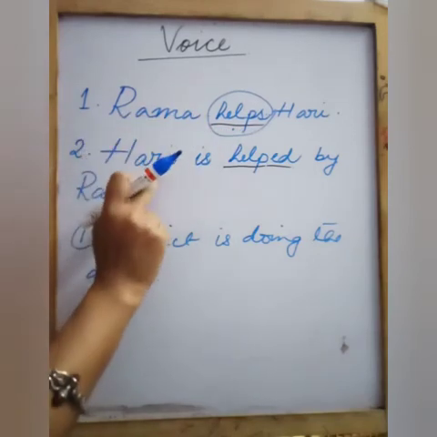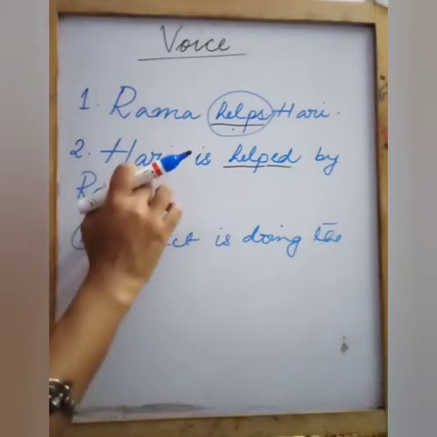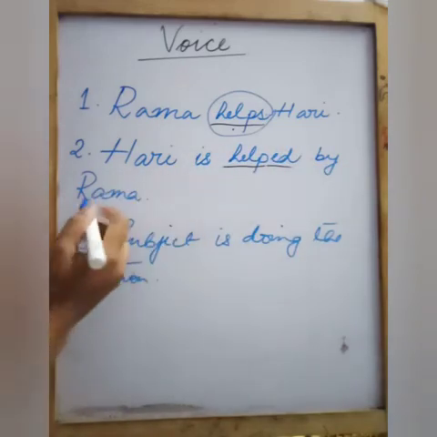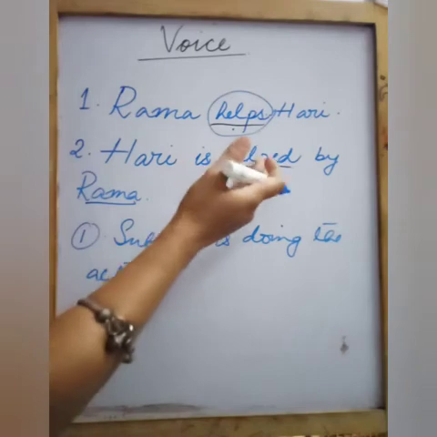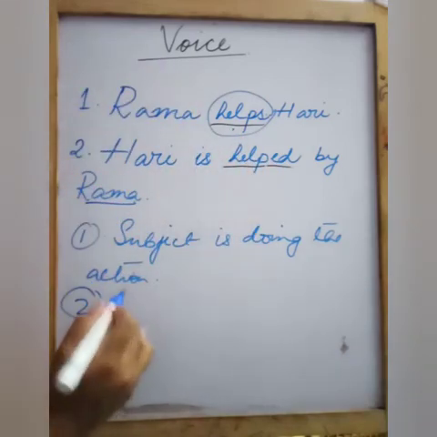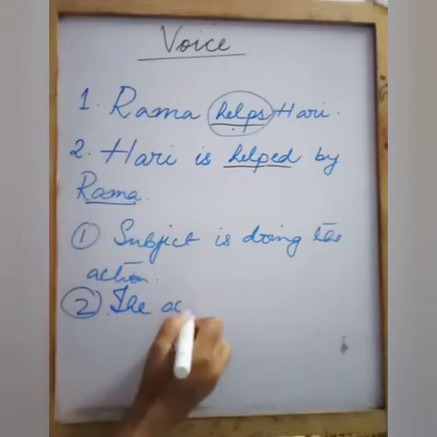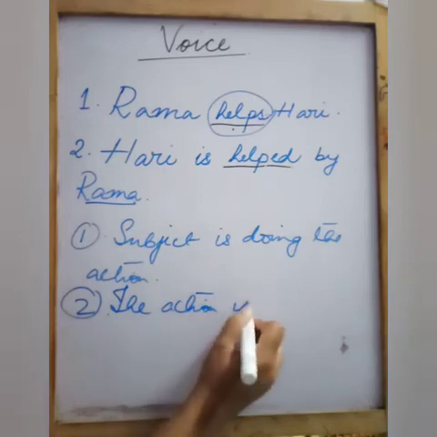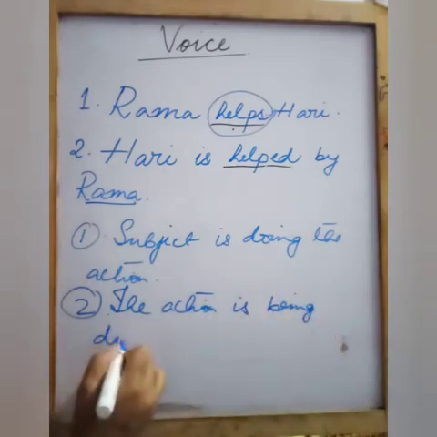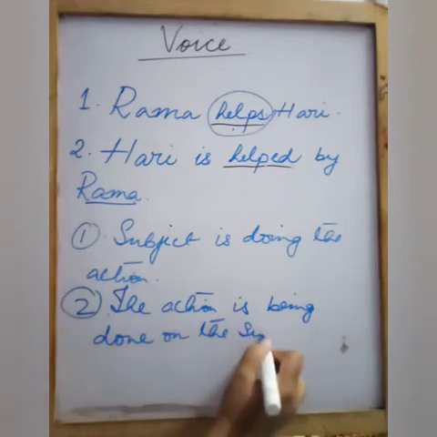Fine. Now see, in the second sentence, the meaning is the same. But what we are saying is that Hari is helped by Rama, isn't it? So thus the action is being done on the subject, isn't it? So in the second sentence, the action is being done on the subject.